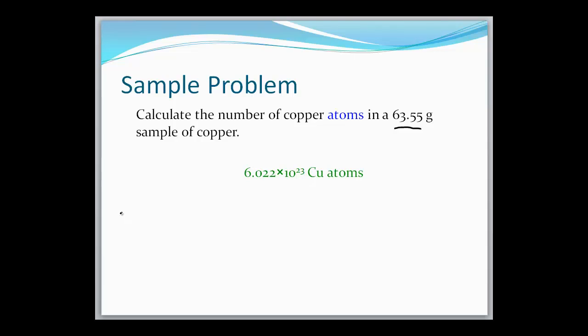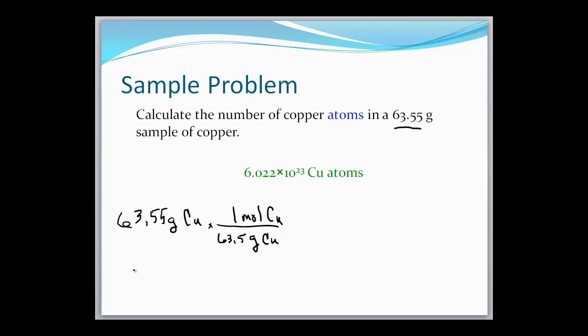So let's start with what we have, 63.55 grams of copper. Now we're going to do these problems using dimensional analysis again. So remember, if we're starting with grams of copper, we want that unit in the denominator so we can cancel it out. Well, our relationship with grams and copper, we know, if you look at your periodic table, that there's 63.5 grams per copper for every mole of copper.